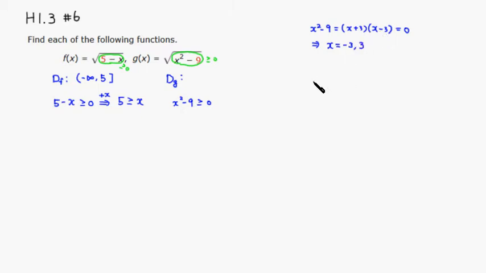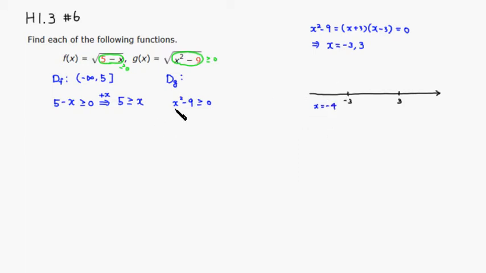So if you draw a number line, you put the negative 3 here and the positive 3. You can check any sample number. For example, try x equals anything smaller than negative 3, so negative 4 or something like that.